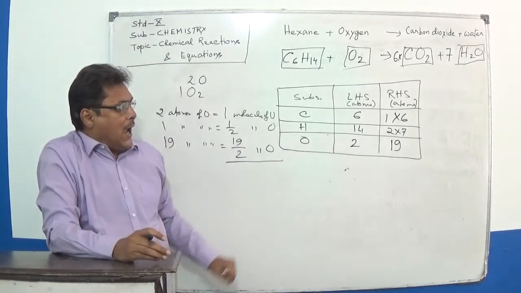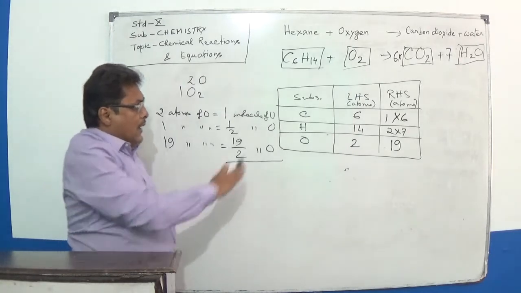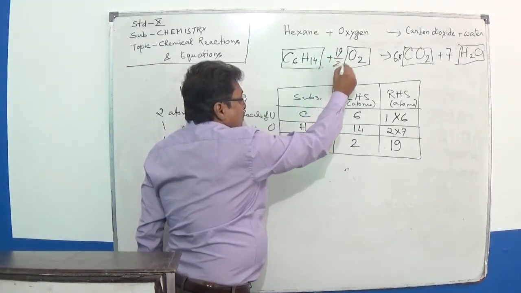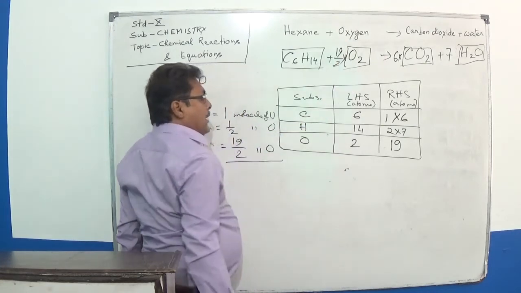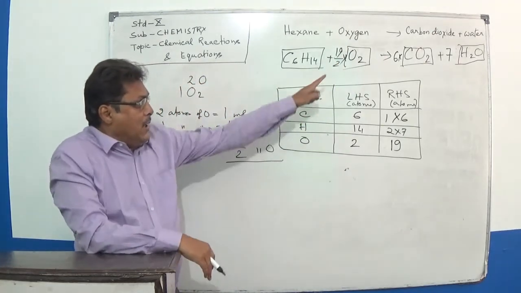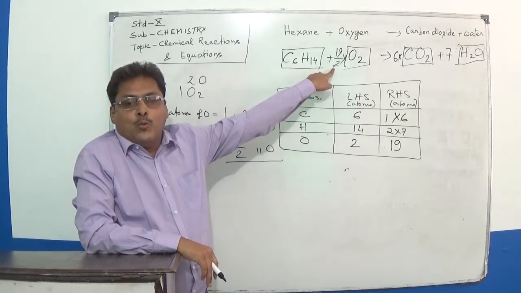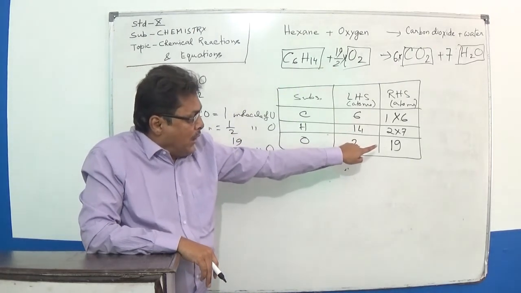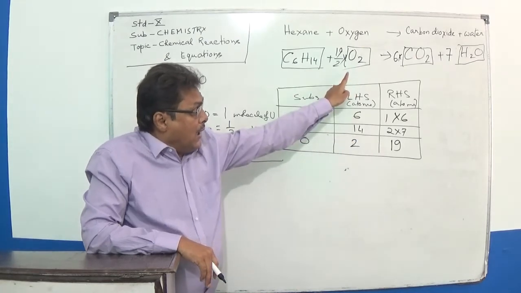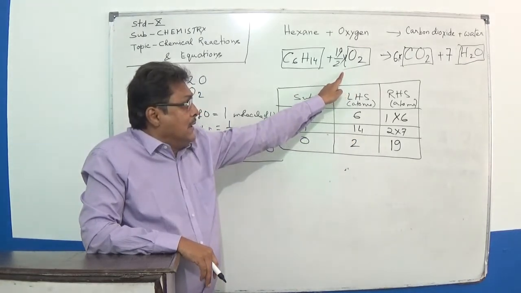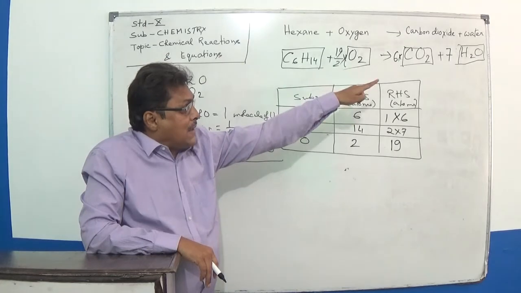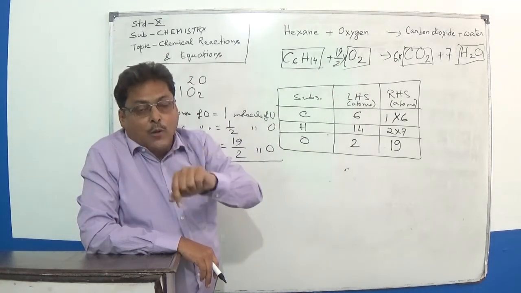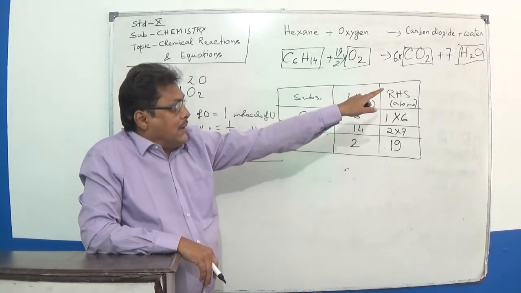Here we have to multiply this side by 19 by 2 to have the exact number of molecules on the reactant side, so that the balancing equation gives us the same number of atoms of oxygen on both sides.